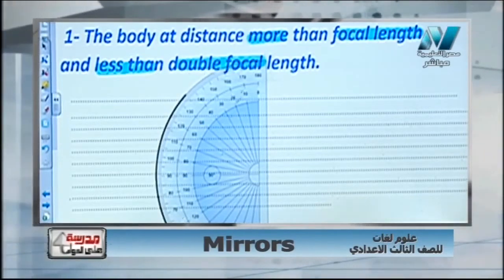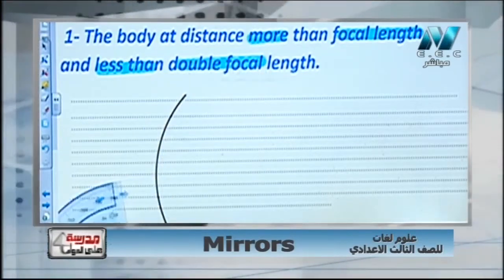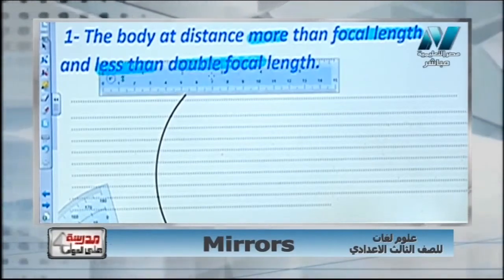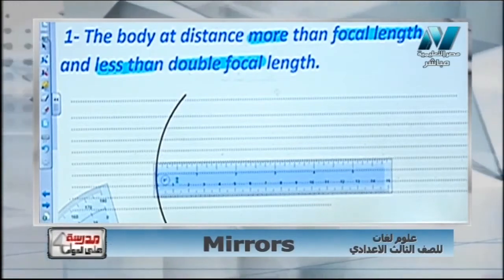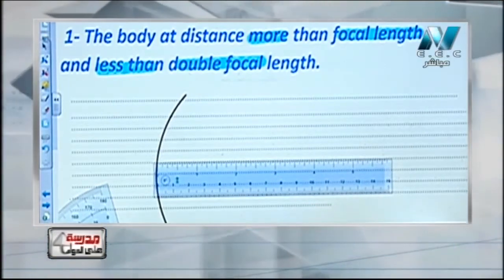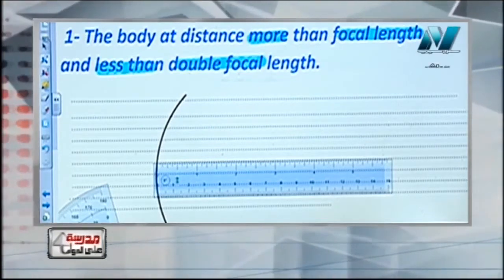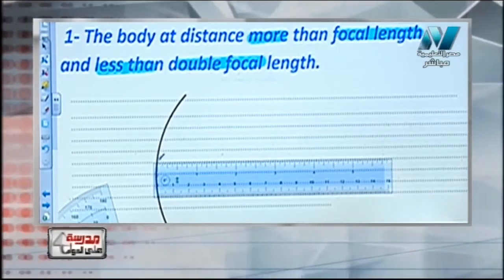After that we will use the ruler to measure. Here we have two equal distances, as we have P to F, the focal length, and from F to C, another focal length. So we have two focal lengths, which make the radius of curvature.